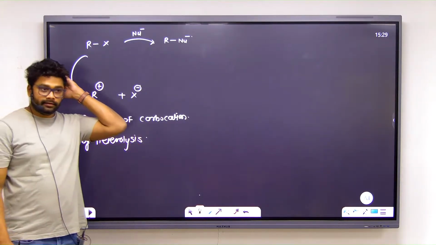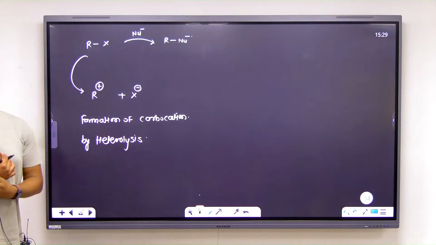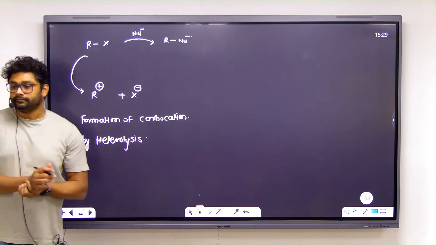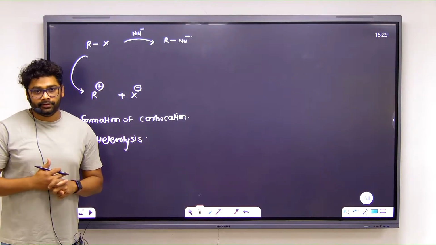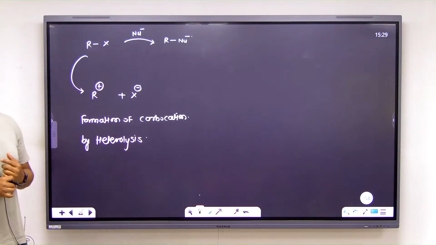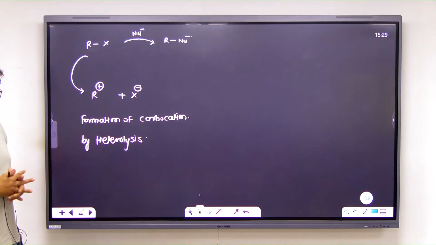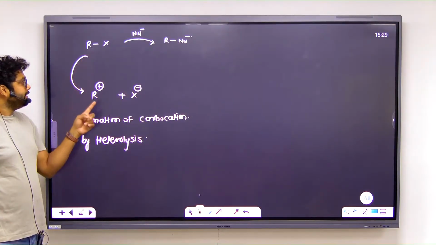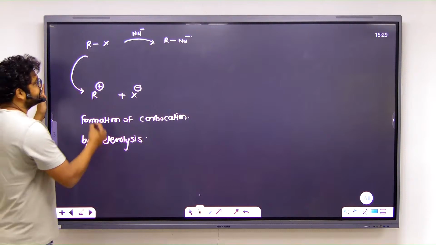What do you mean by heterolysis? Did you hear this word for the first time? No, breaking of bond in an unsymmetric manner. Both electrons are taken by what? X.